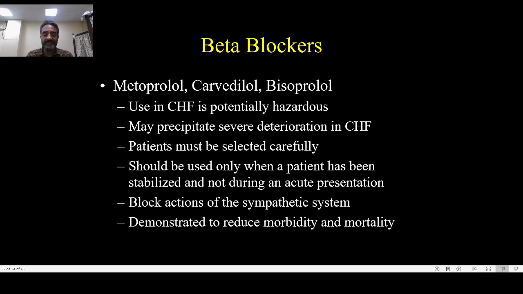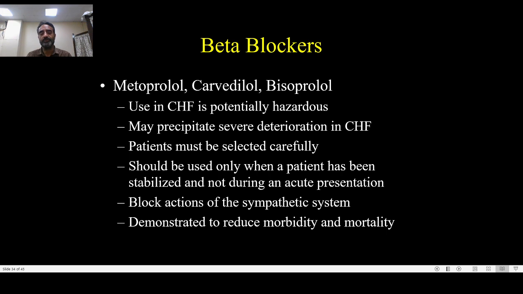The first sentence is a bit tricky. Use in congestive heart failure is potentially hazardous. That is when you use beta blockers without considering the condition of the patient. So that cannot be done.